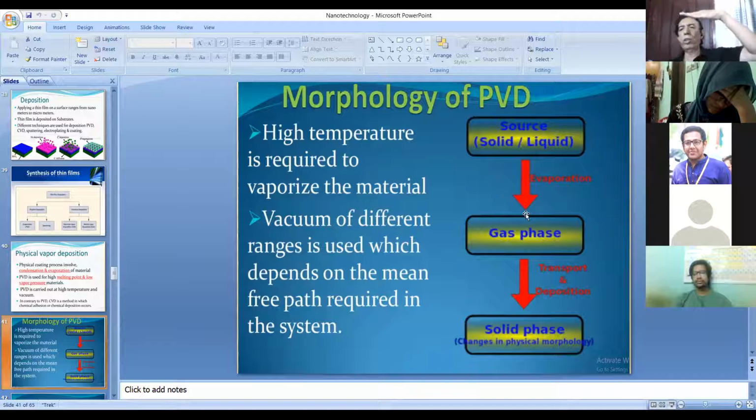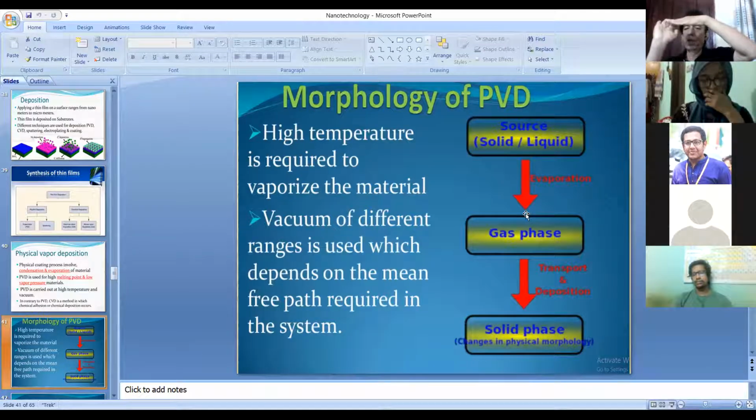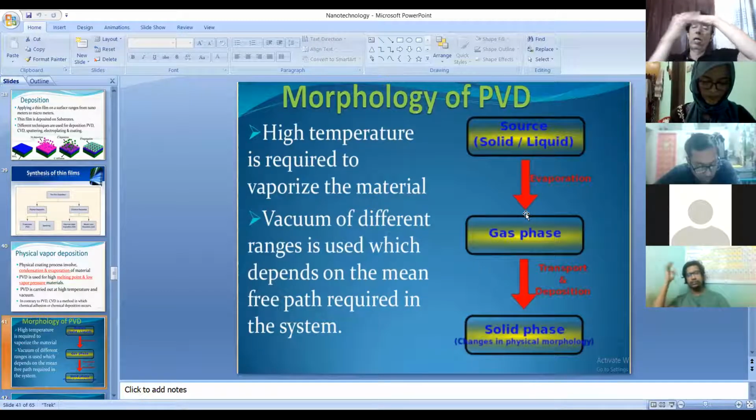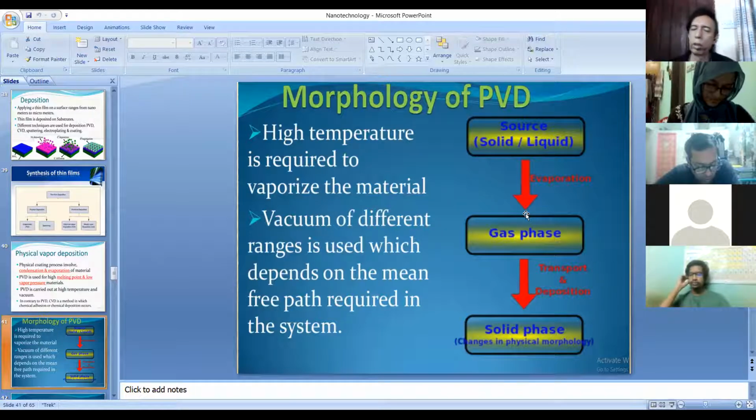So first you have to vaporize the aluminum. Then the free aluminum will condense here, one by one, and it will make one layer first, a monolayer. If we are satisfied with that monolayer, then we'll stop the vaporization and get a monolayer thin film. If we want a double layer, then we'll stop the vaporization after 2 layers are made, and we'll get a 2-layer thin film.